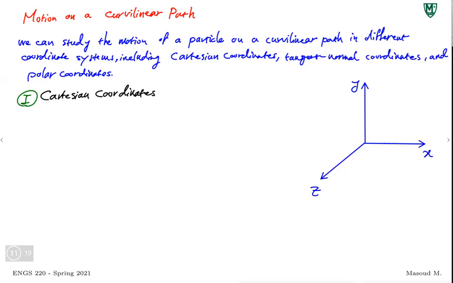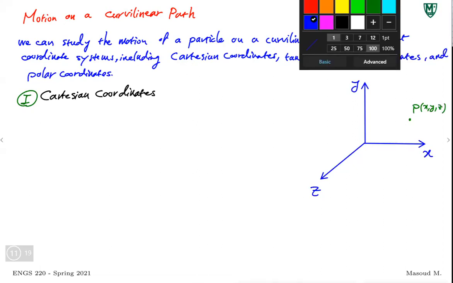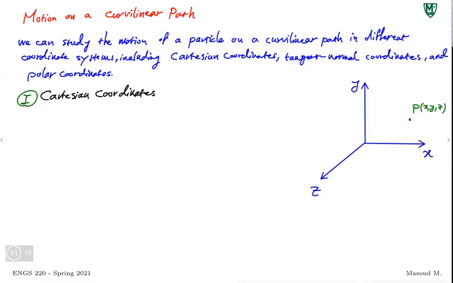Now, in the general form, if we have a point, let's say P, a particle, with the coordinates x, y, z somewhere in space, let's draw the position vector r that we talked about before. It basically represents where this particle is in space.